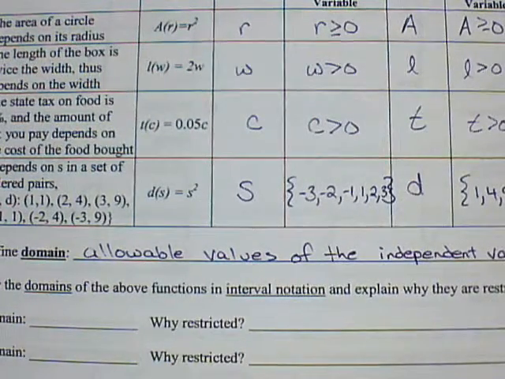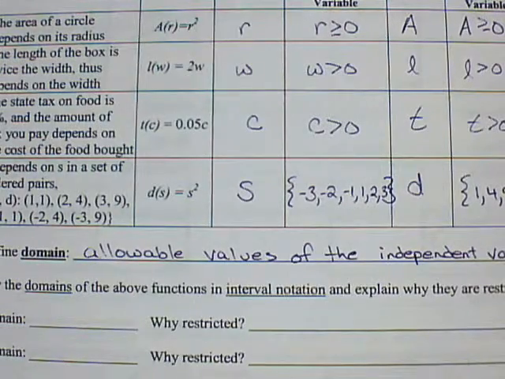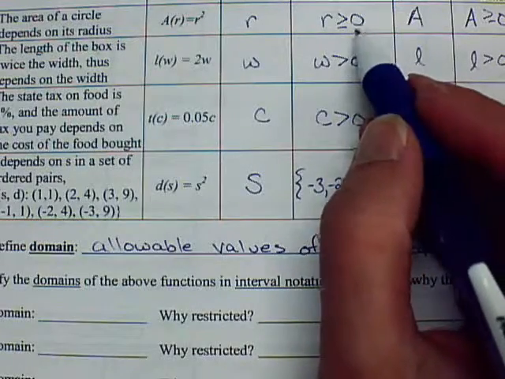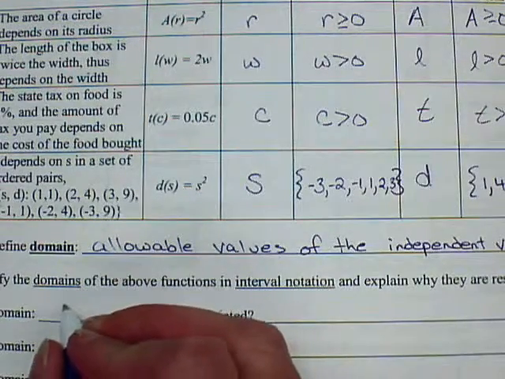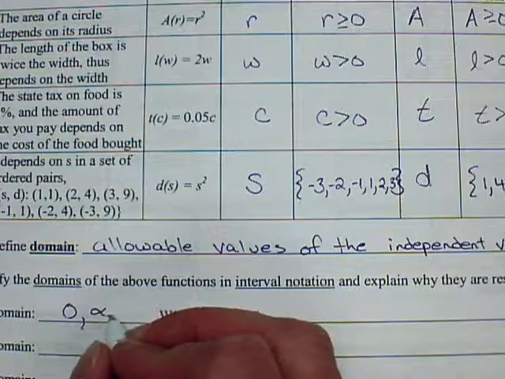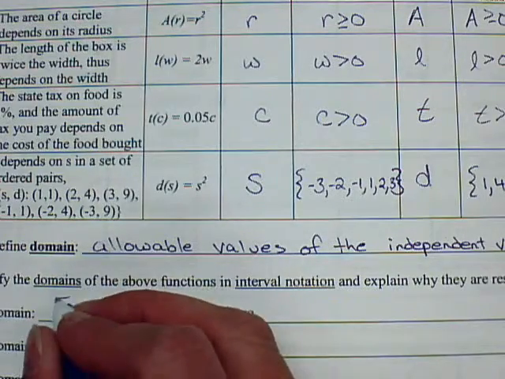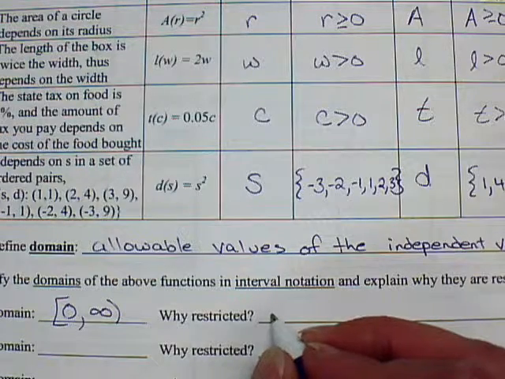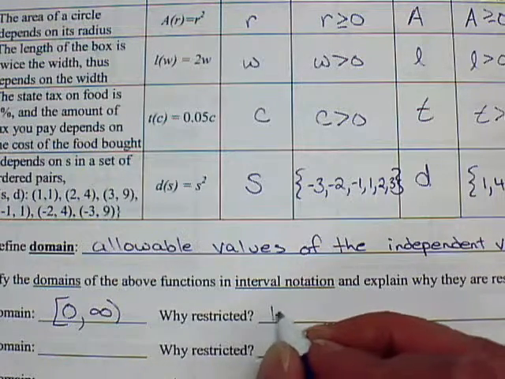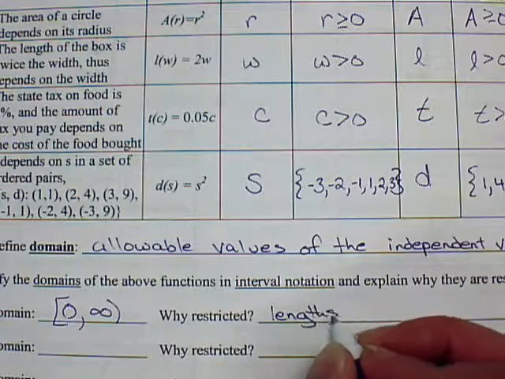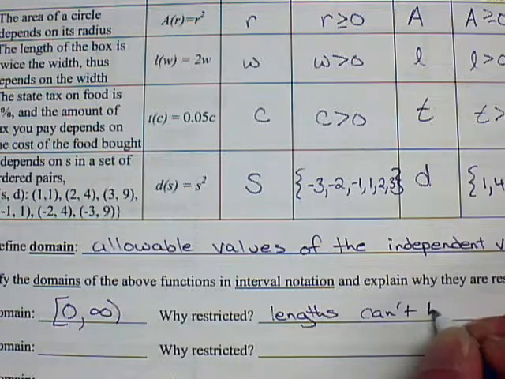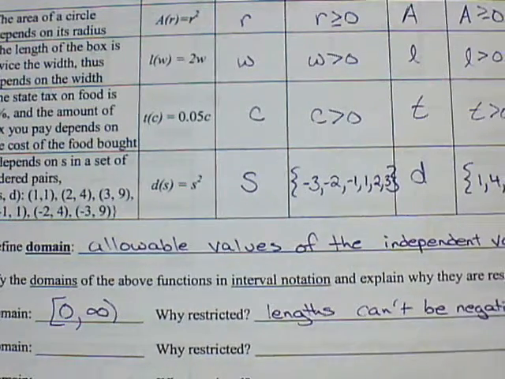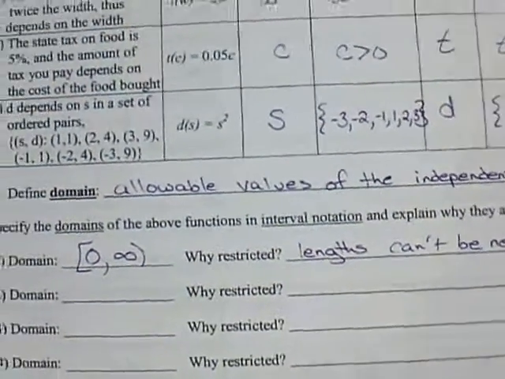I could have made an argument that it was just greater than 0, but I'll go with what I have. If it's greater than or equal to 0, that means our domain starts at 0 and goes to infinity. Why did we restrict it? Well, radius is a length, and lengths can't be negative. And I'm not going to do the rest of them because I think you can get that idea.